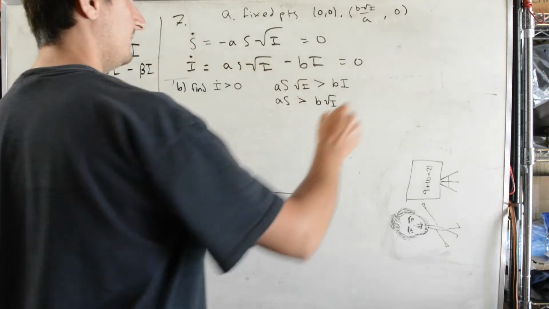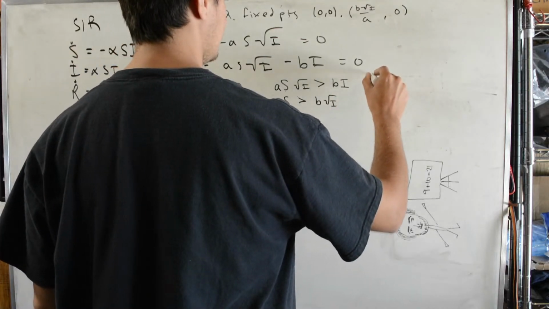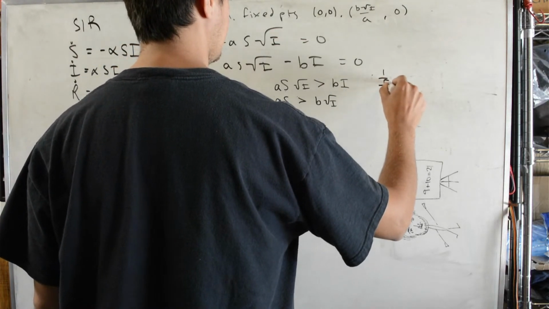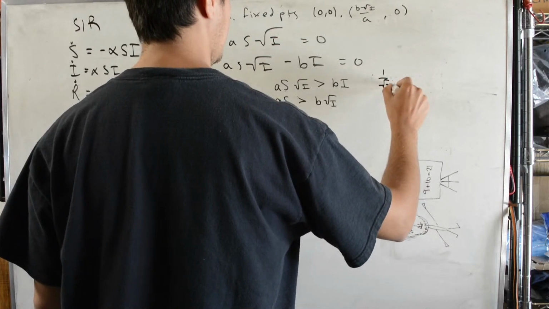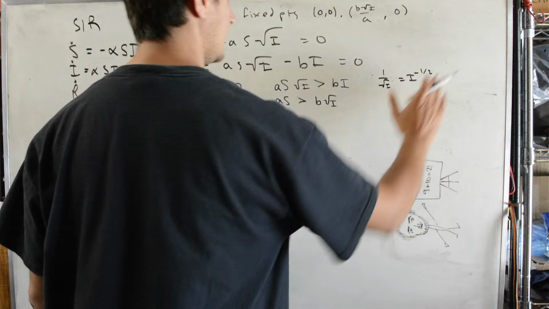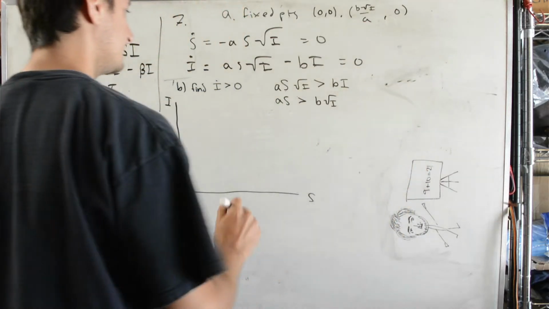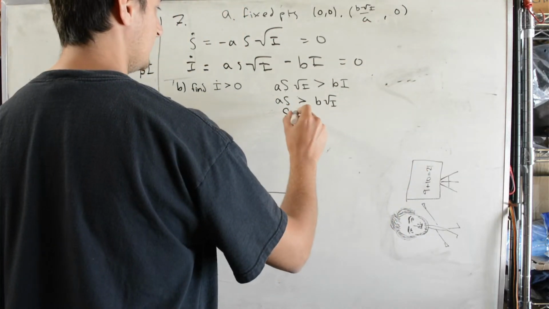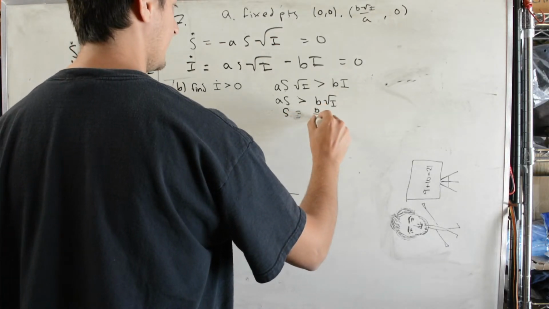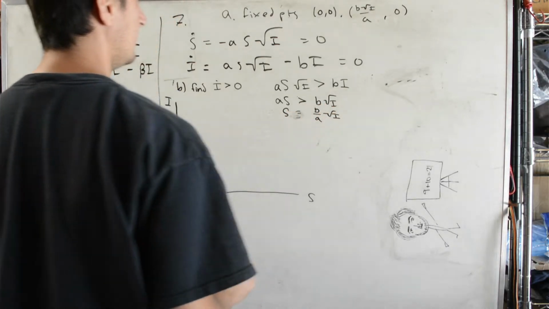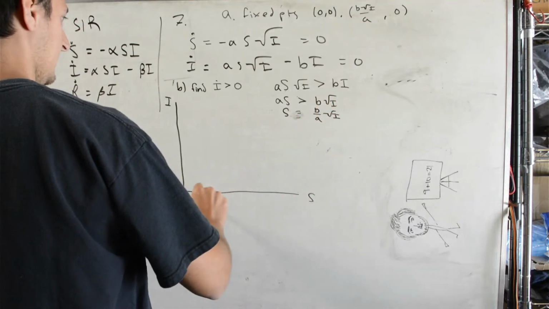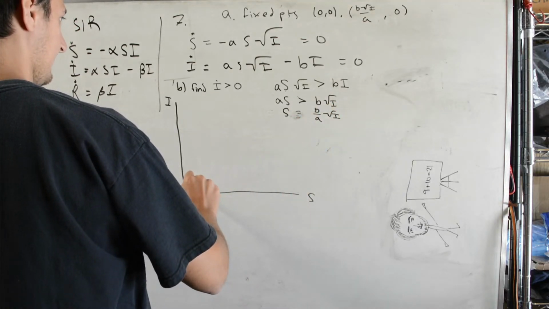Wait, is that right? This is going to be 1 over square root of I is equal to I to the minus 1/2. Yeah, so that's right. Then S is equal to, we're going to say equal because we're just going to plot a graph. So this is going to be B over A root I, which corresponds to that. So square root of I.